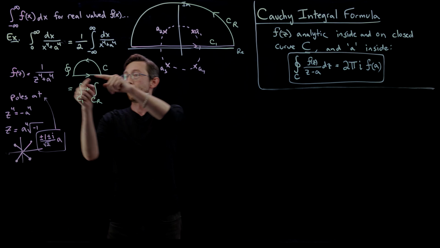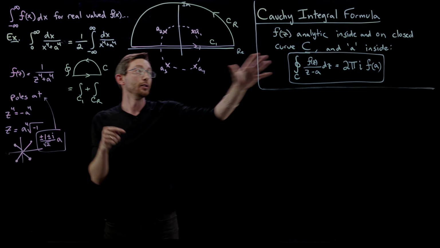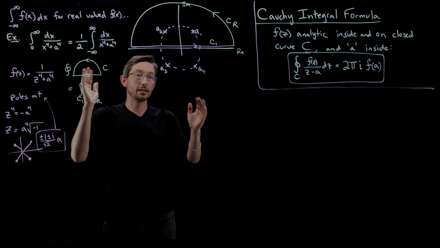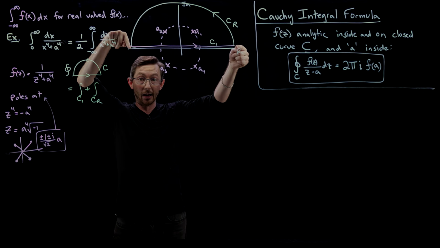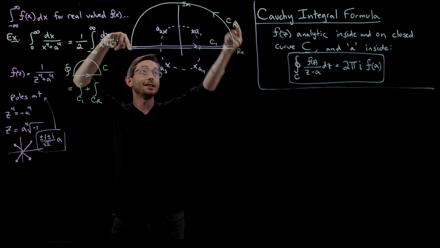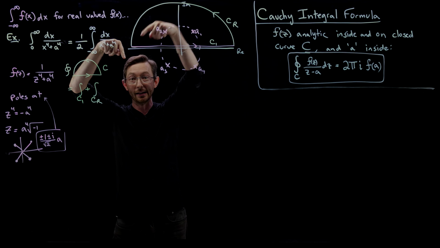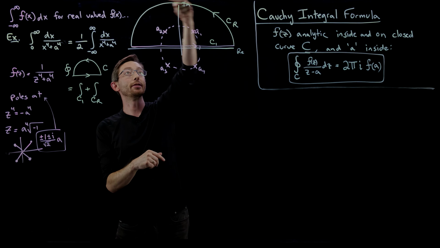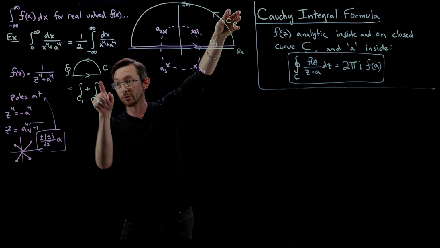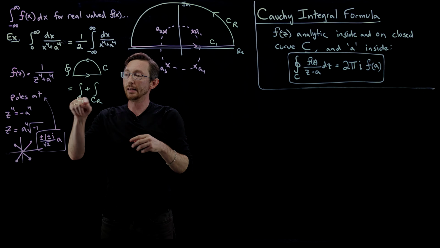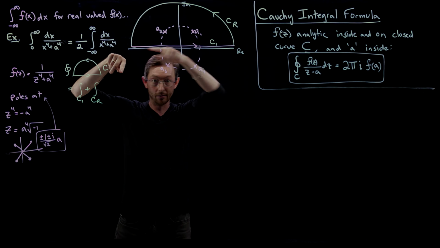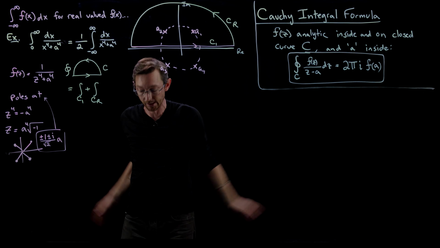So we're going to solve this big integral C using the Cauchy integral formula. That big integral C equals the integral I want on the real axis plus this integral I don't want on the big radius, as I take the limit as the radius goes to infinity. And if I show that the radius R integral goes to 0, then the integral of C1 equals whatever I get integrating this closed loop around those 2 singularities.